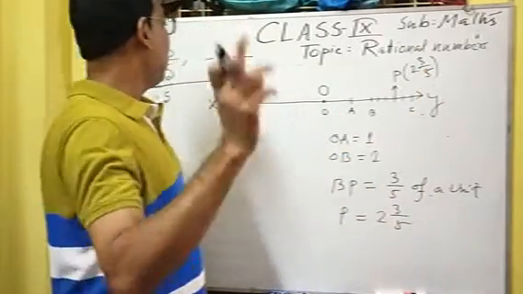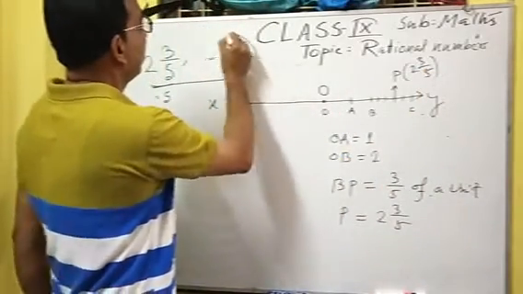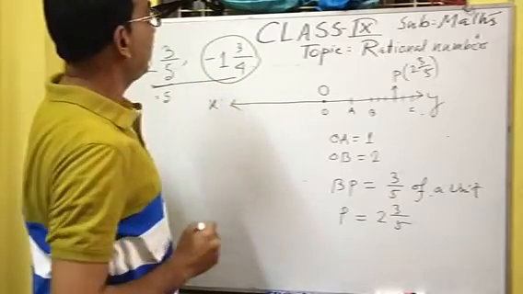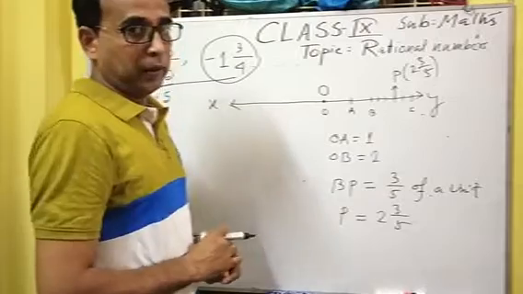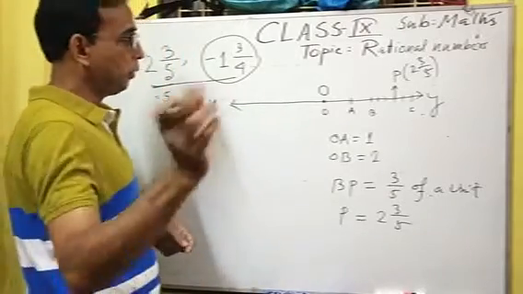Now I shall represent the rational number minus 1 whole 3 by 4 on the number line. How can I represent it? Look at the blackboard.